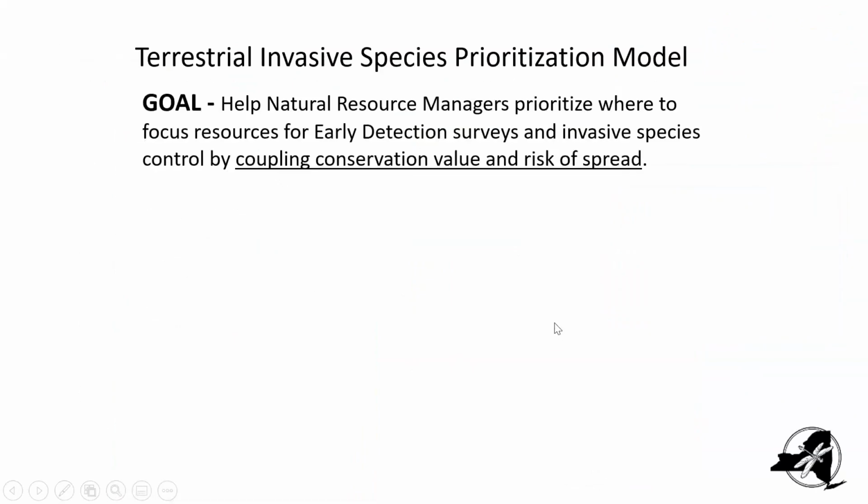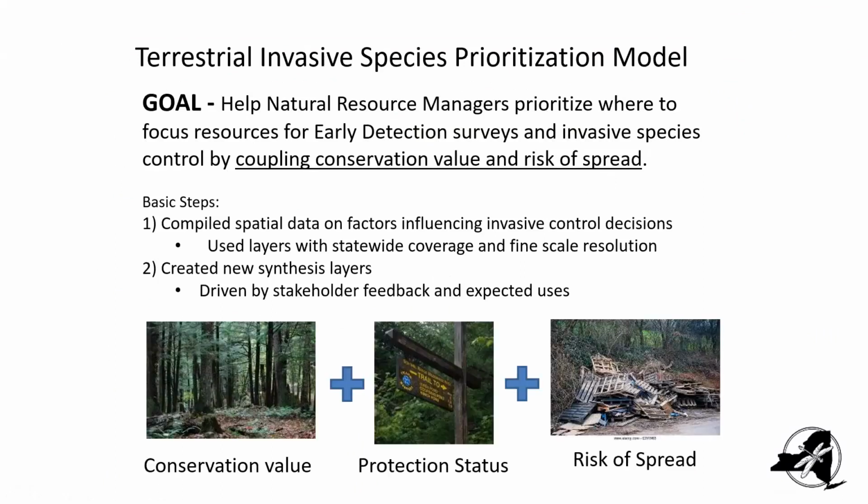We did create terrestrial invasive species prioritization models here at the Heritage Program about 5 years ago. And this was a way to help managers prioritize where to focus their resources for early detection by coupling conservation value and risk of spread.